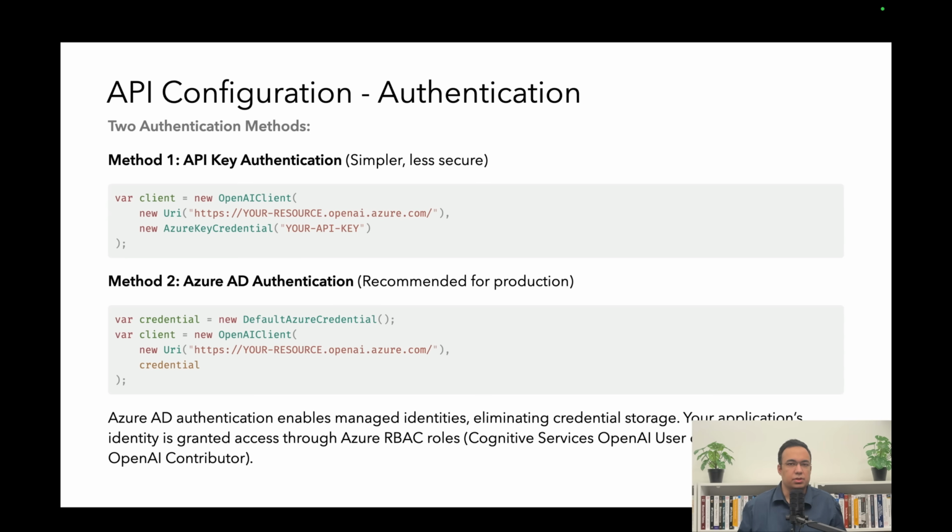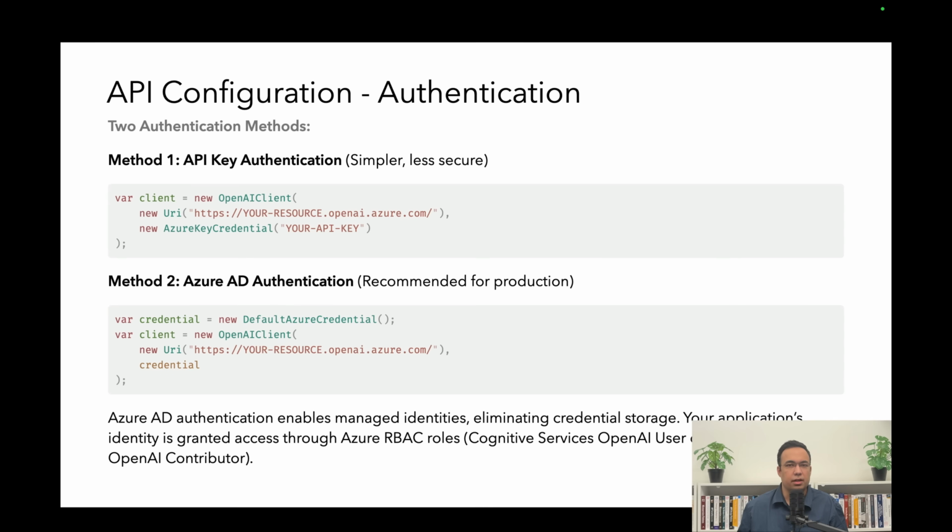Method 2 is Azure AD authentication, which I strongly recommend for production. Here's what the code looks like. You create a default Azure credential which automatically picks up the identity from the environment and pass that to the OpenAI client. Azure AD authentication enables managed identities, which eliminates the credential storage entirely. Your application's identity is granted access through Azure RBAC roles.